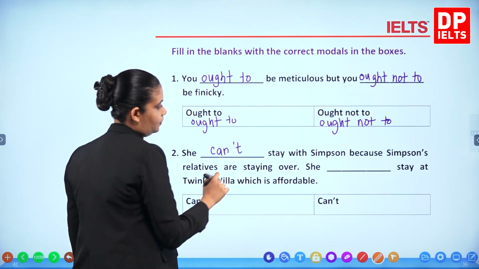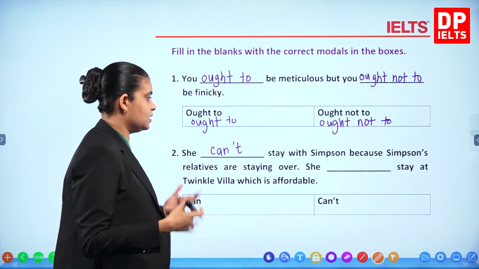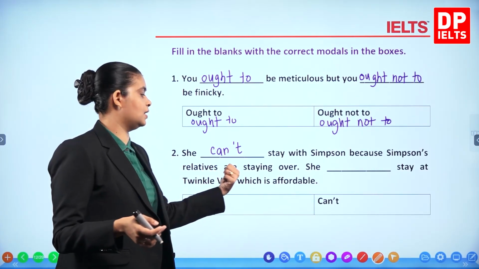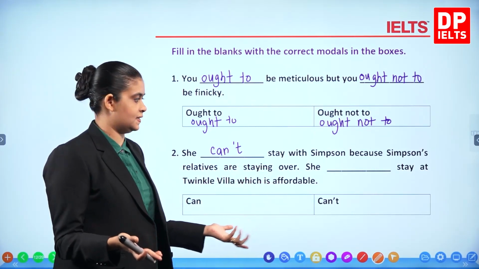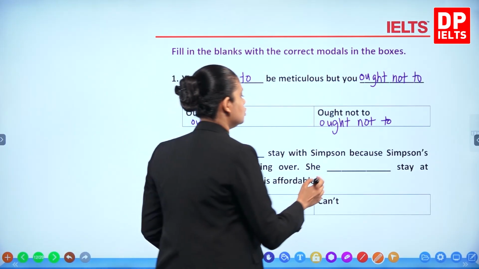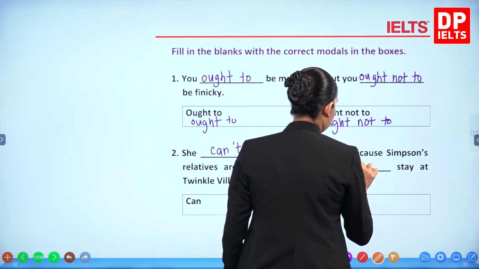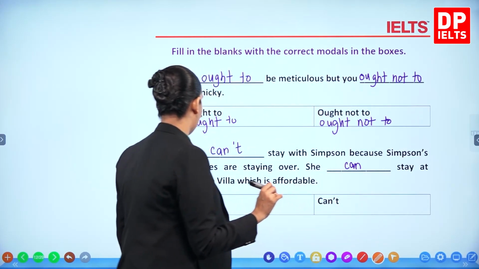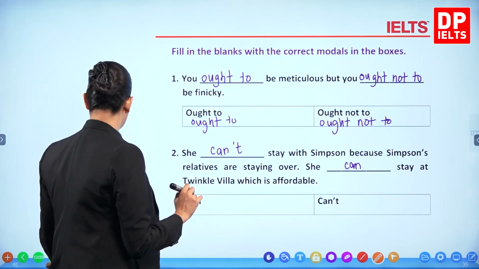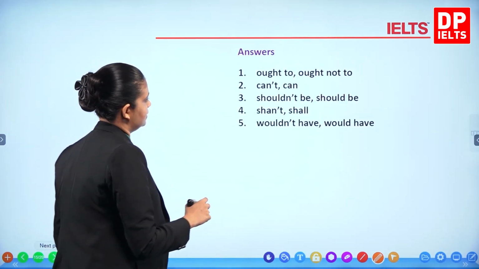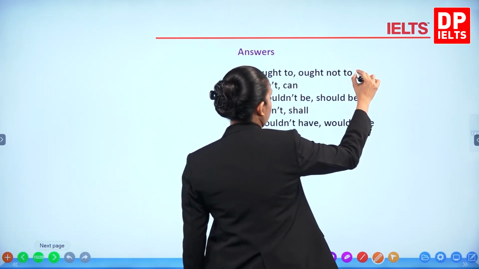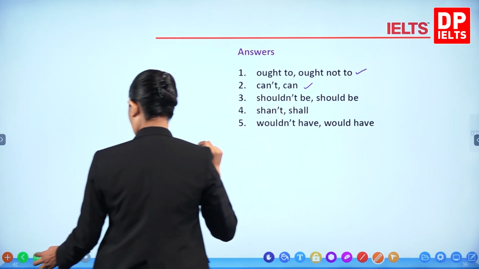Can she actually stay with the Simpsons? No, she can't stay with Simpson because Simpson's relatives are staying over. So there's no space. What can she do? She can stay at Twinkle Villa. So let's see if those are the answers. Ought to, ought not to, can't and can.